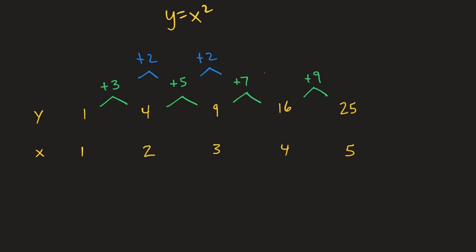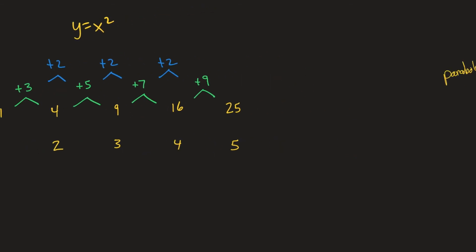That increases by 2, that increases by 2, and that increases by 2. The fact that the second layer increases by the same amount, that's the quadratic right there. Every time it does this, you know you have an exponent of 2 with the variable x.